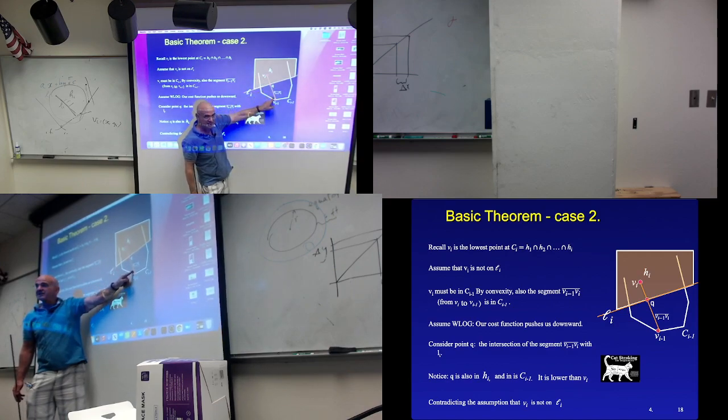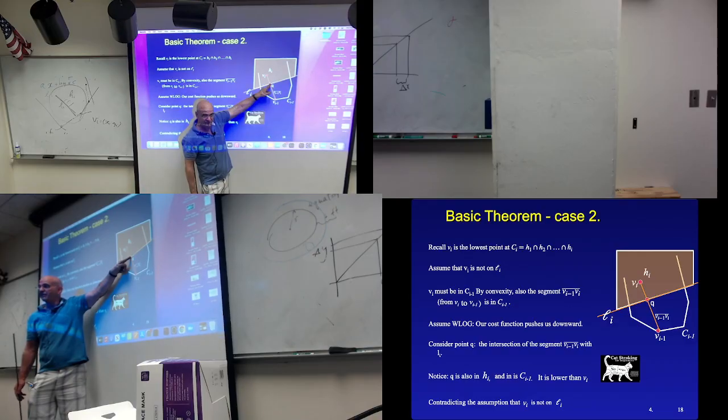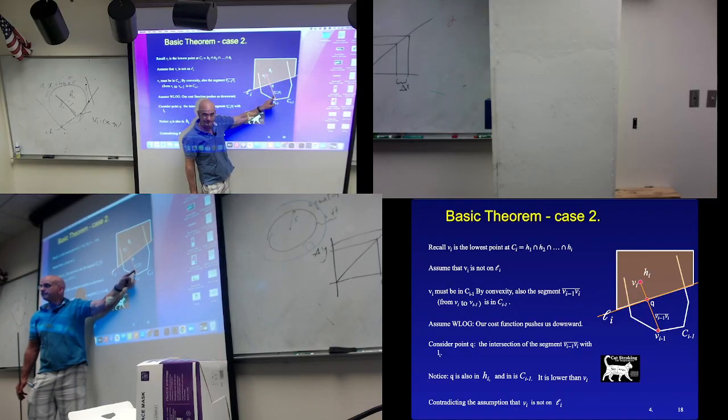Walking along this segment, at some point I must exit from Hi. This whole segment is inside Ci minus 1. Why? Convexity. Ci is convex. By definition, for every 2 points, the segment is inside.